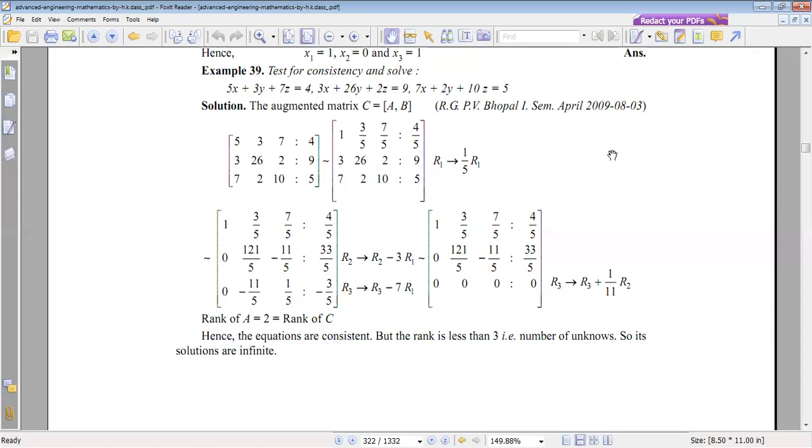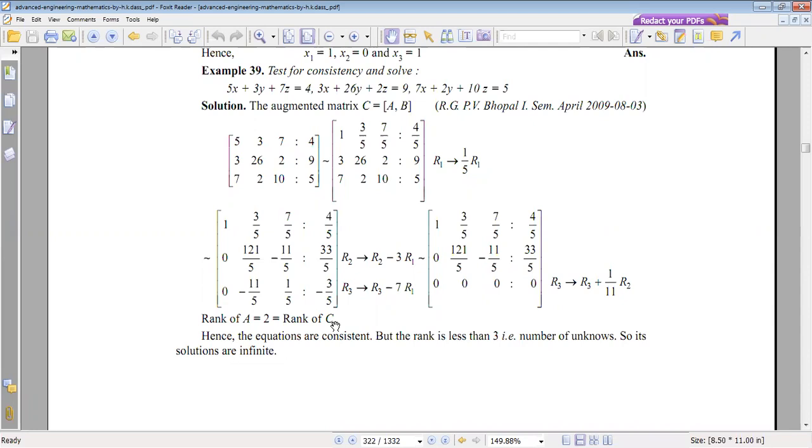But how many unknowns are there? See here, 1, 2, 3. So there are a total of 3 unknowns, but the rank is equal to 2. That means the rank of the matrix and the rank of the augmented matrix are less than the number of unknowns.